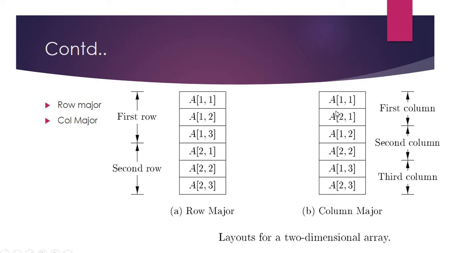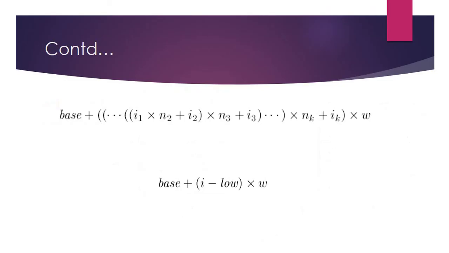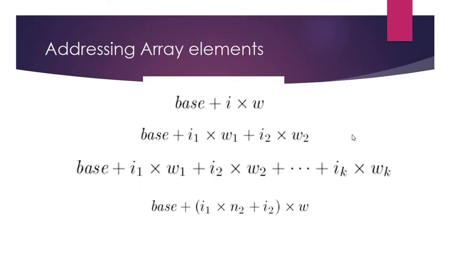If it is column major, the first column values will be stored first, then the second column values, then the third column values. In this way, the layouts of 2-dimensional arrays are used in different computer architectures. So let us see how the addressing of array elements is used by the compiler, and how it is implemented in compiler design.